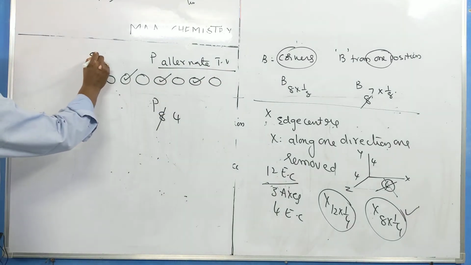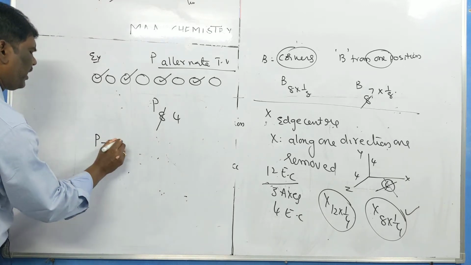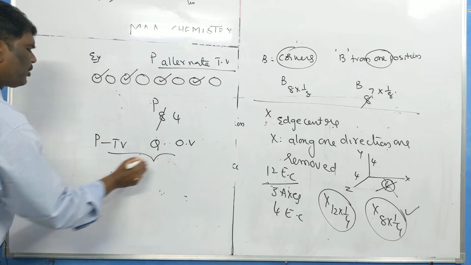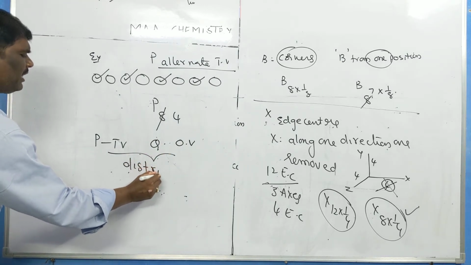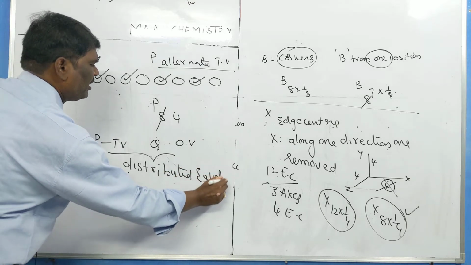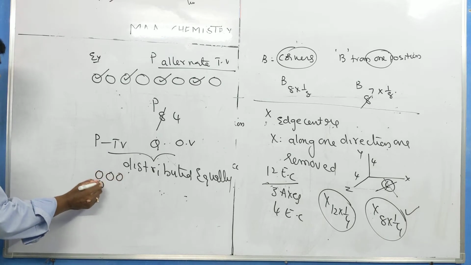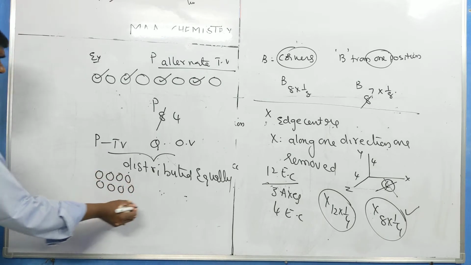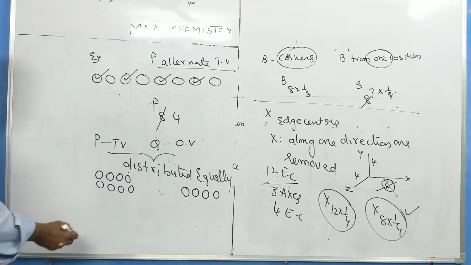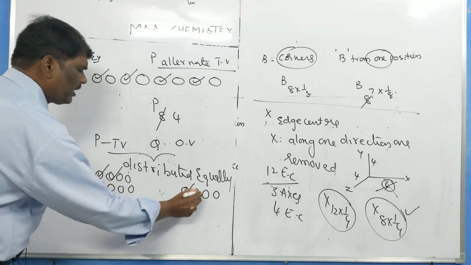Another one: they are asking P occupies tetrahedral voids, Q occupies octahedral voids, but distributed equally. For distributing equally, tetrahedral means there are 8 positions. Octahedral means only 4. Now you have to distribute equally. One here, one here, one here, one here.